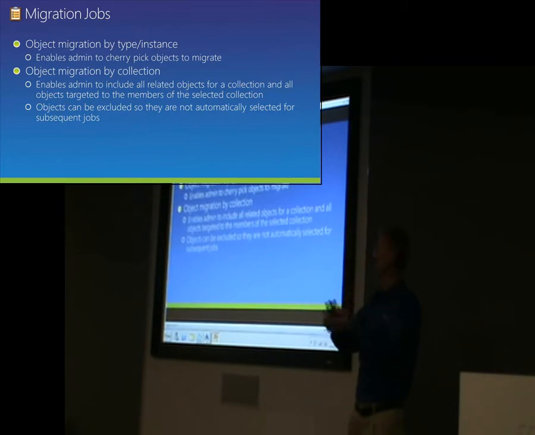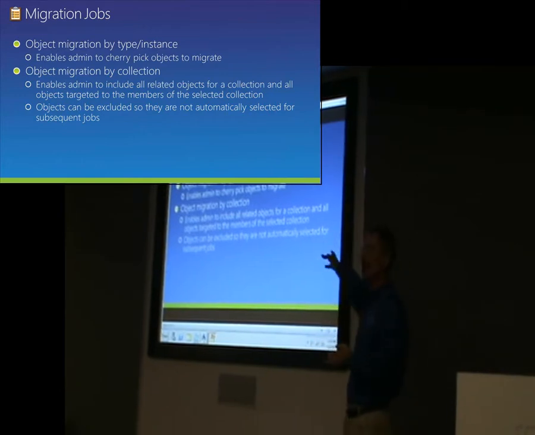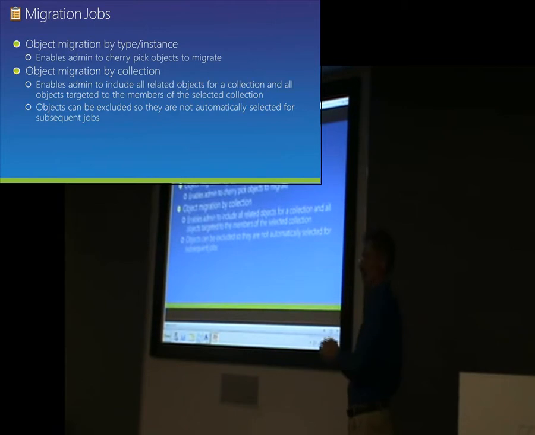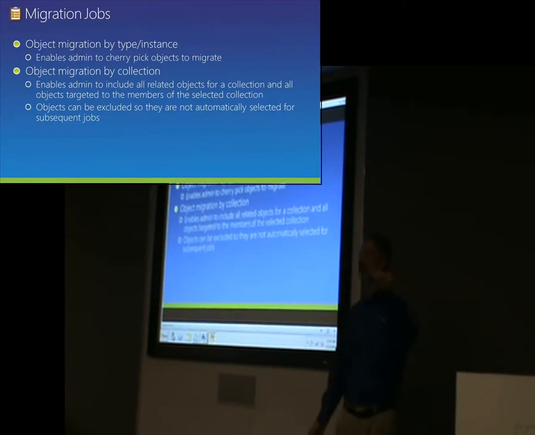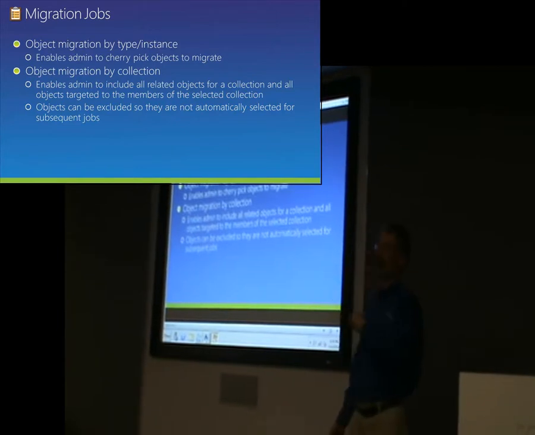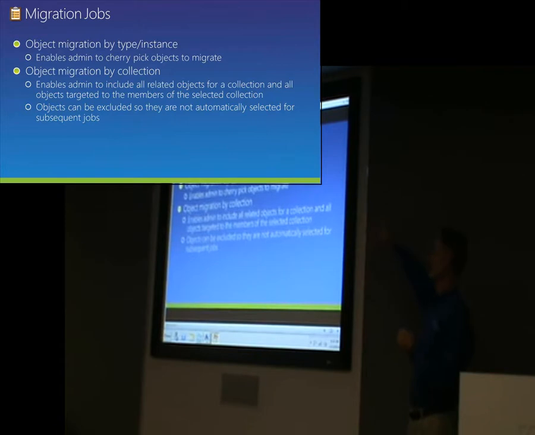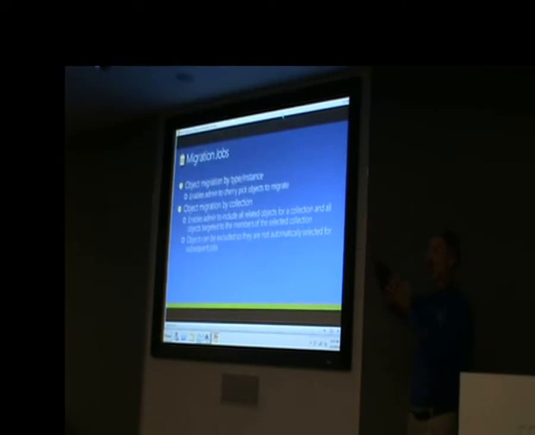And then you can pick and choose which objects you want by that as well, and then migrate them over. If you don't want some objects, you can exclude them and say, I don't really want that, that's legacy, I don't need to move that over, even though that collection still refers to it. You can create, obviously, numerous migration jobs. You're not going to migrate all clients over at one time, or all collections over at one time. You're going to migrate over a collection at a time. So you have numerous different migration jobs that you're working with.